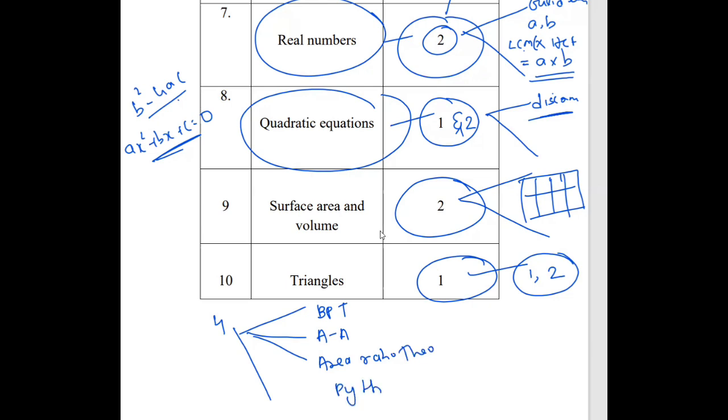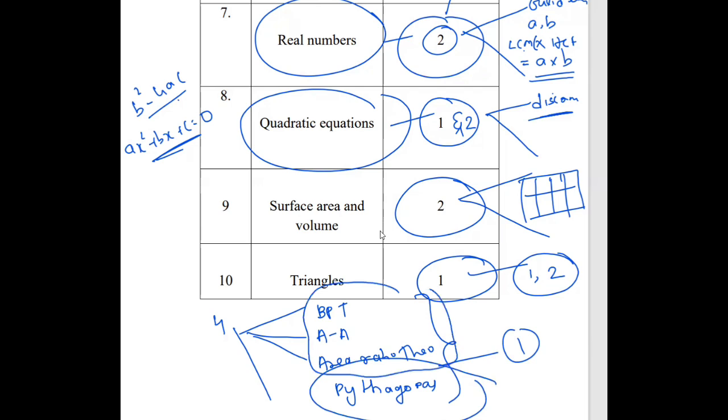Any paper setter wants to check whether you have understood all these 4 concepts. Generally, any one theorem will be asked directly in the exam. Now let's imagine Pythagoras is asked in the examination. Then somehow they will try to ask questions based on the other 3 concepts.